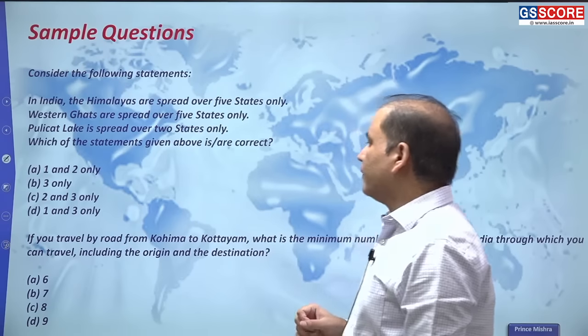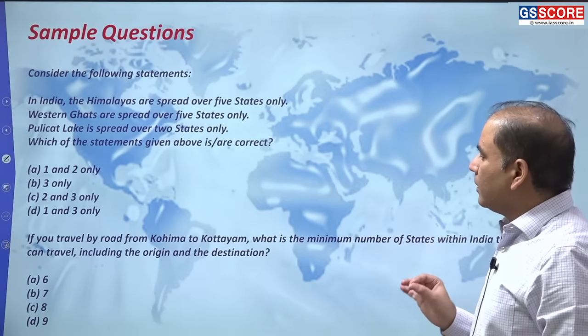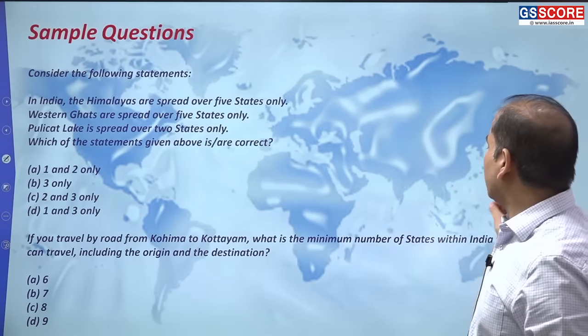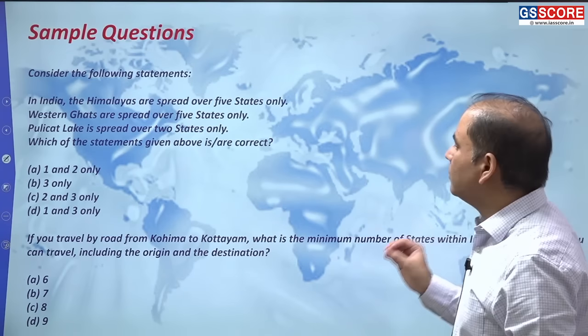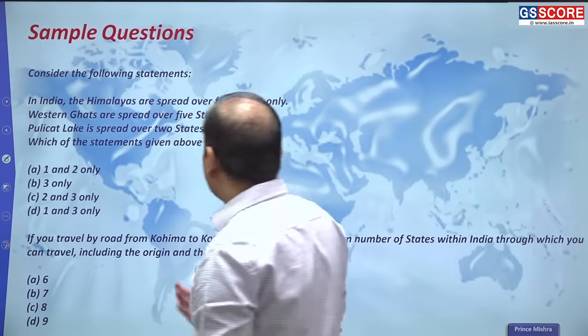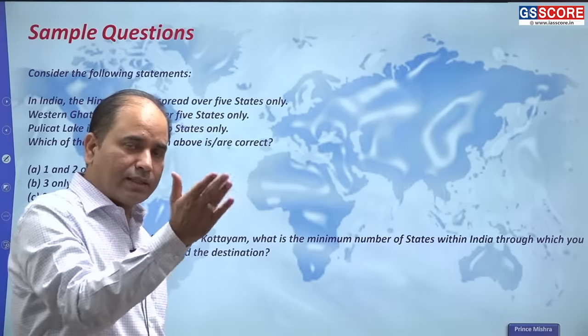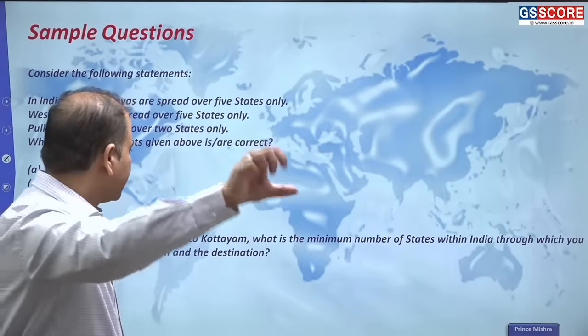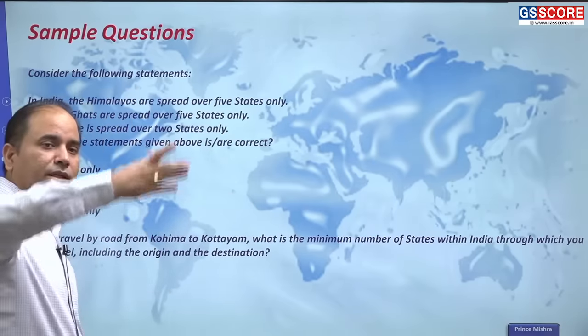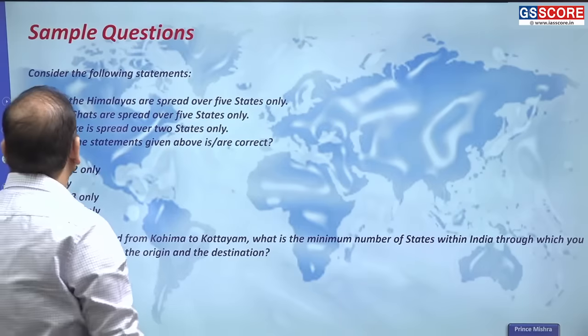Then questions like, if you would travel by road from Kohima to Kottayam, what is the minimum number of states within India through which you can travel, including the origin and the destination? So they are just checking your knowledge about where Kohima is, where Kottayam is, and how you will traverse it.